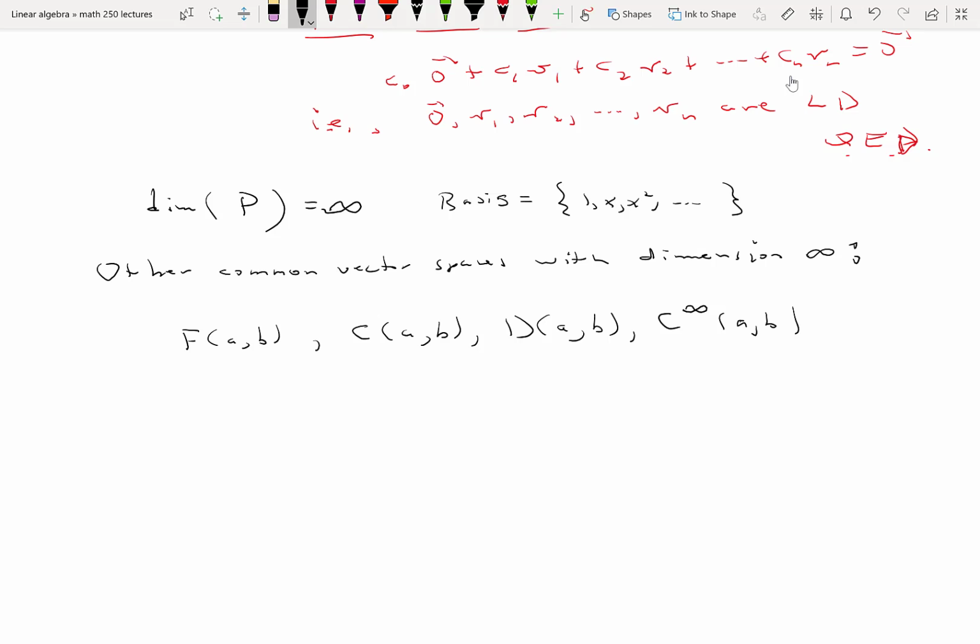The dimension of each of these vector spaces is infinity.